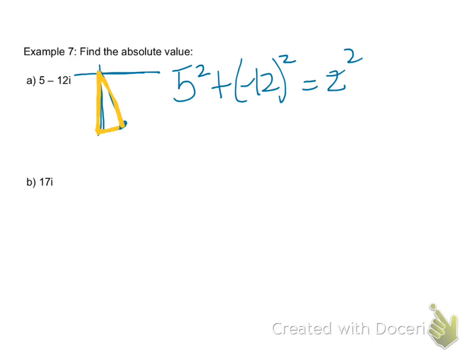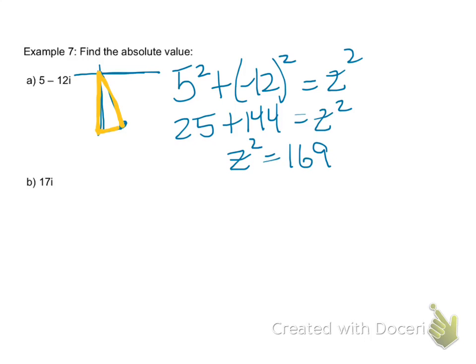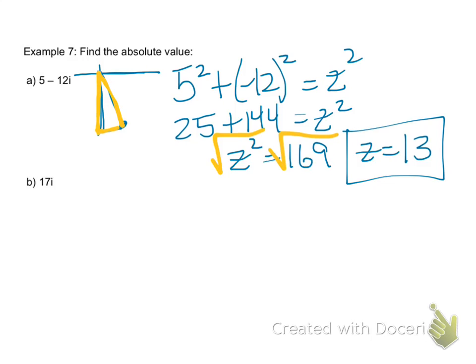So 5 squared plus, we're going down, so negative 12 squared equals our z squared. 5 squared is 25, negative 12 squared is 144, and that equals z squared. So z squared equals 169. Taking the square root, I have that z equals 13. And again, keeping in mind that we're dealing with a distance, we're only going to deal with the positive square root, so just the positive 13.